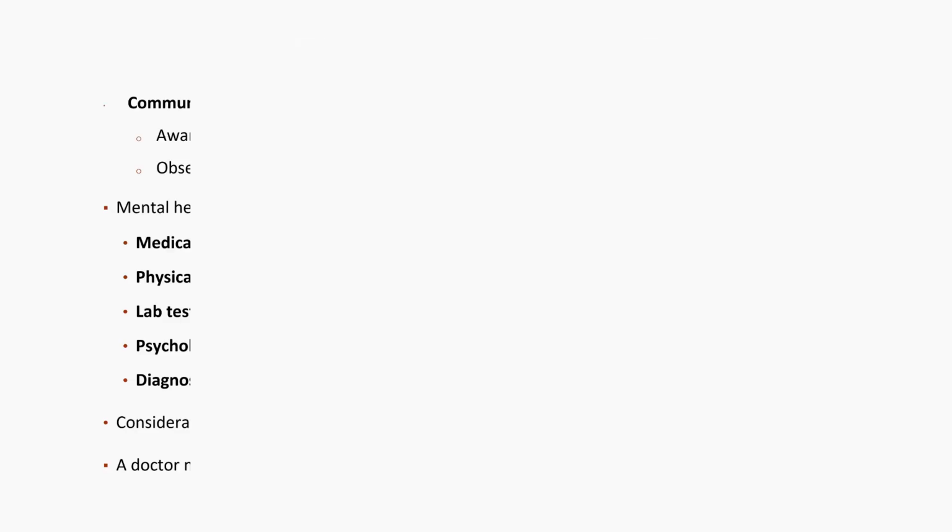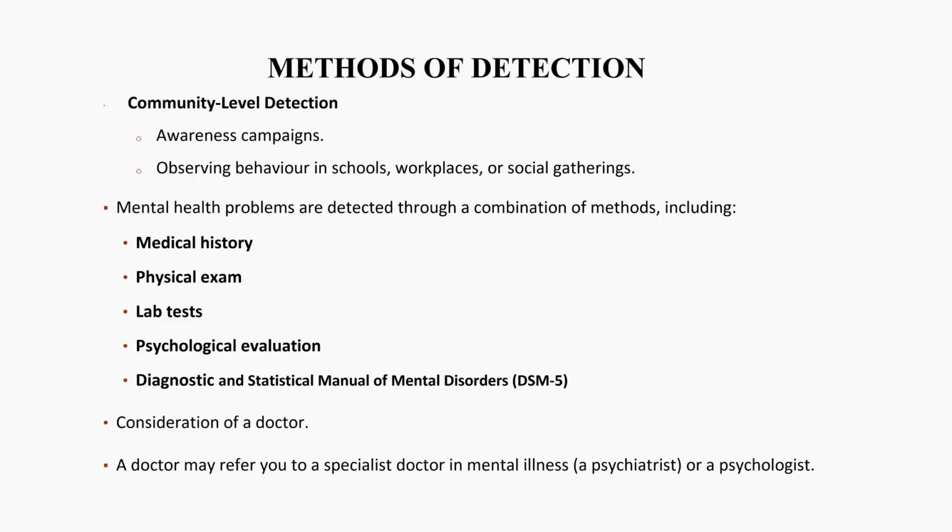So what are the methods to detect mental health conditions? At the community level, we can have different types of awareness camps. Also, observing the behaviors of individuals at school, at the workplace or at social gatherings. We can have different mental health professionals in different settings.